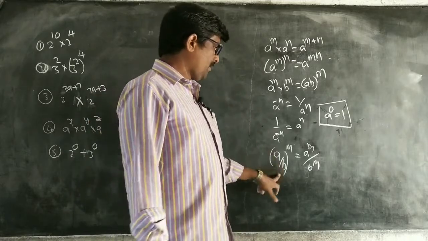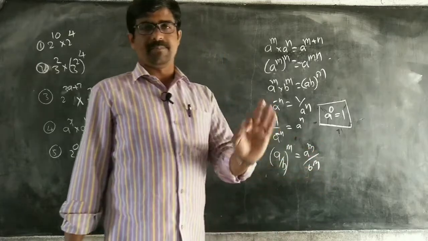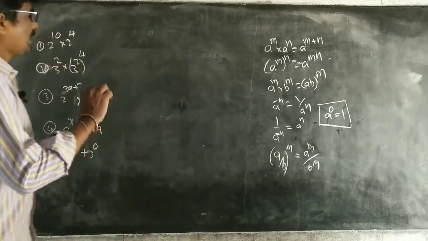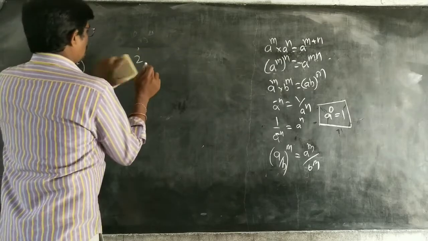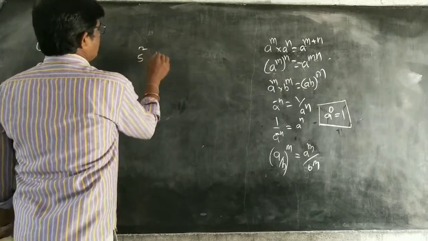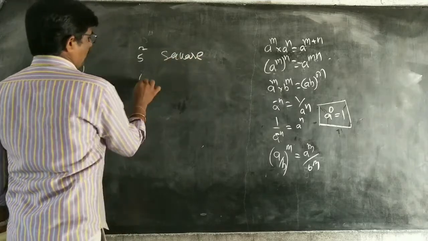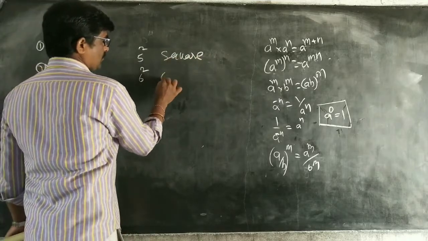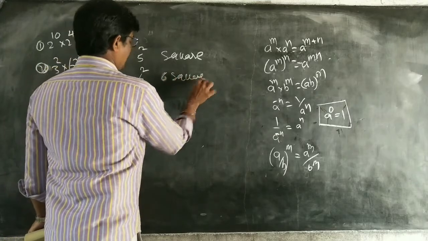Next, (a/b)^m is equal to a^m by b^m. Now, any number with power 2, like 5 power 2, is called square: 5 square, 6 square, 10 square.